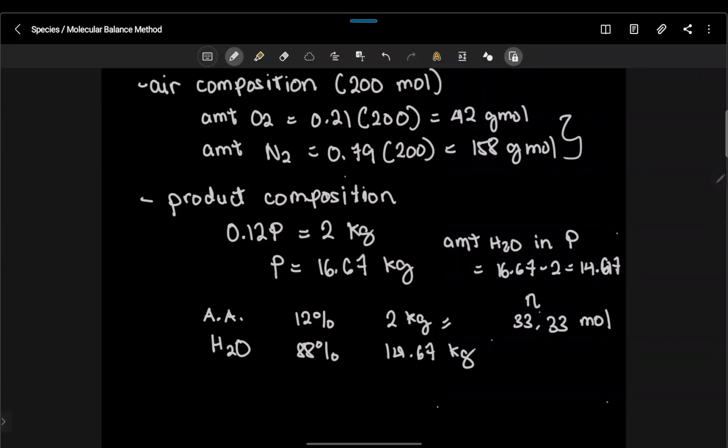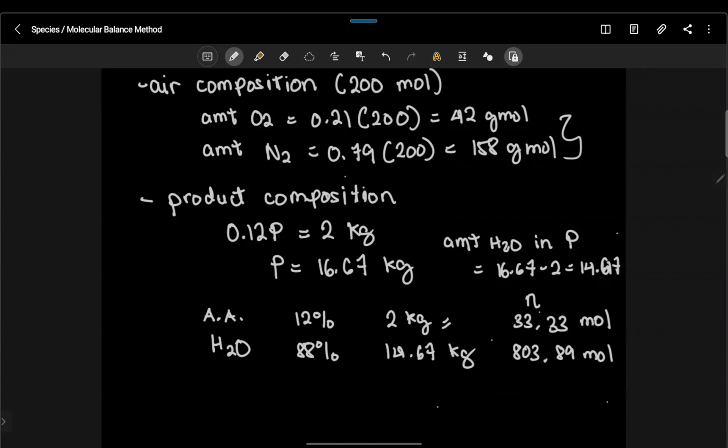Okay, so of course you have to convert kilogram muna to gram and then use the molecular weight to convert it to moles. Or yung kilogram pwede mong gamitan ng molecular weight to convert it to kilomoles and then from kilomoles to moles. So kayo nang bahala mag-compute dyan. And then for water, the amount in moles will be 803.89 moles. Okay, so we will need these values later on.